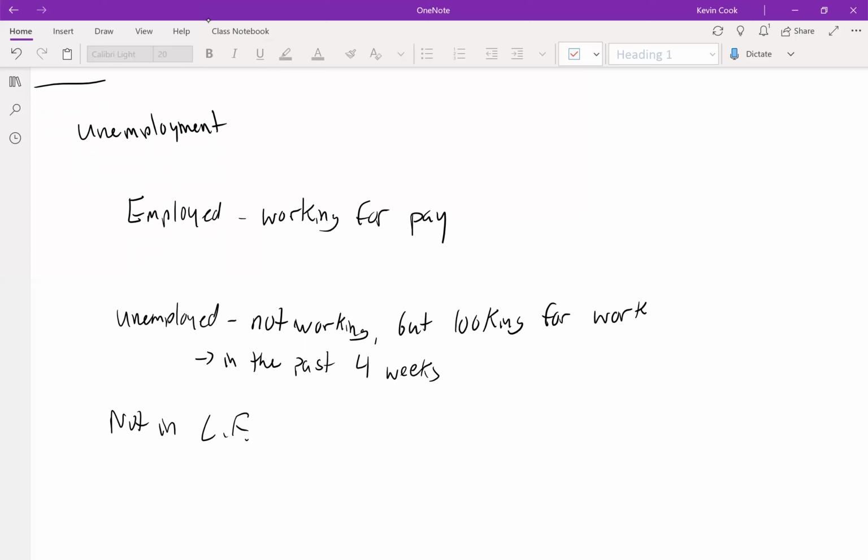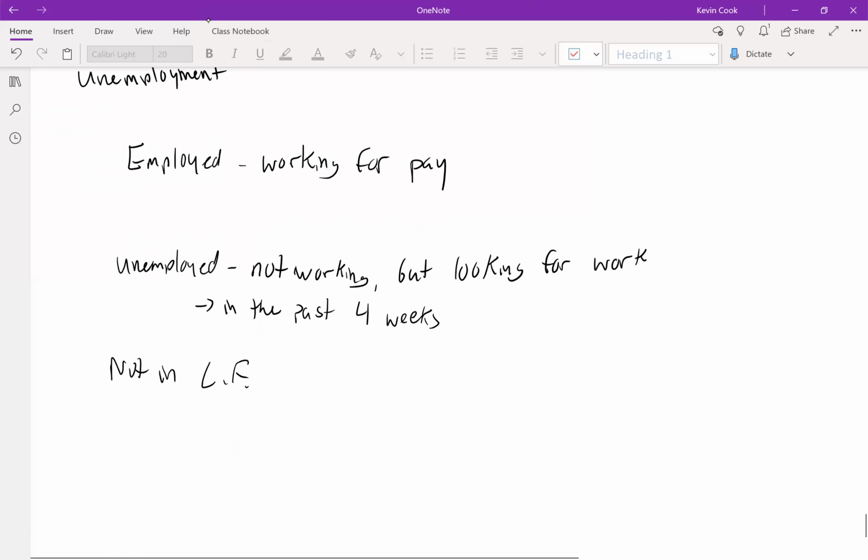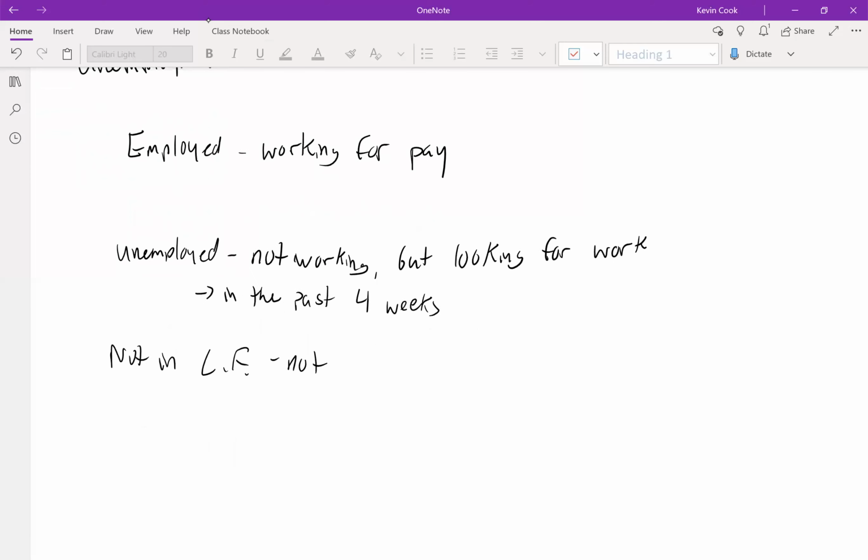So again, I lose my job, and I need to find something else to replace it. So I start looking for work to replace my current job if something like that were to happen. And then those not in the labor force are those who are not working, but also not looking for work.